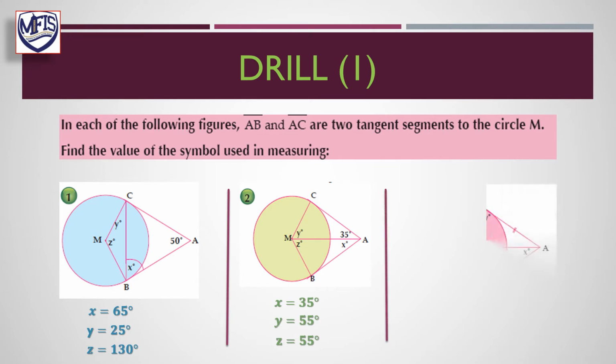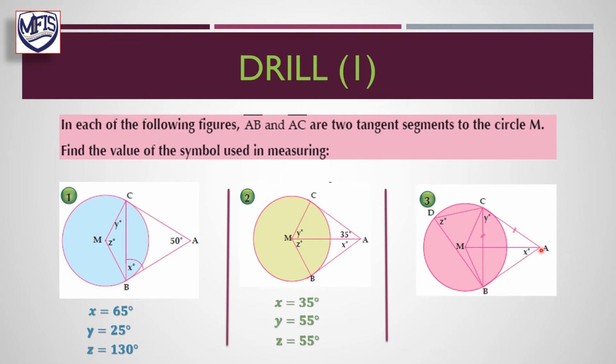Now, problem number 3. Look at this problem carefully. The given here, the length of AC equals the length of CB. And also, AB and AC are two tangents from point A outside the circle. That means AC equals AB.